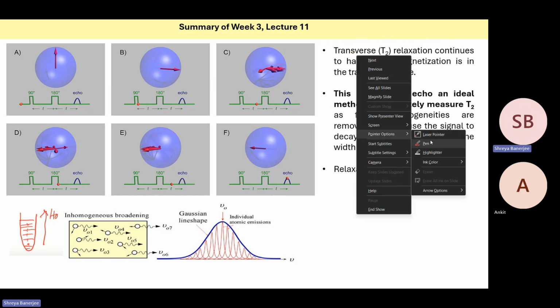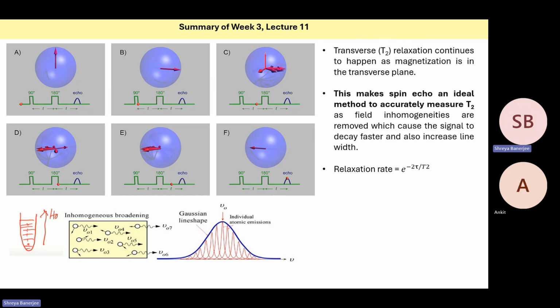So T2 relaxation was basically the tendency of the spin to go back to the z-axis. That is always there. So because the T2 relaxation is there, it makes the spin echo an ideal method to measure T2. Like I was saying, suppose there is field inhomogeneity.